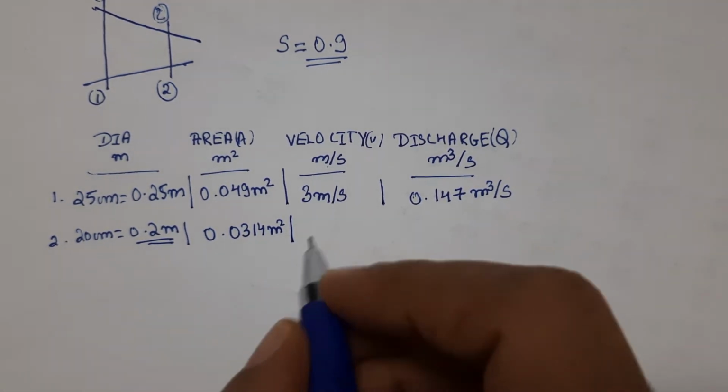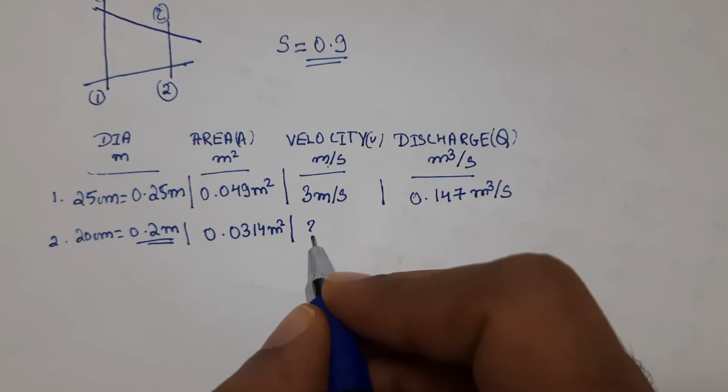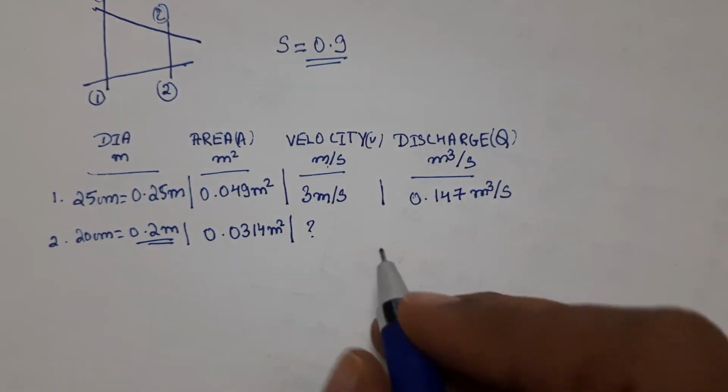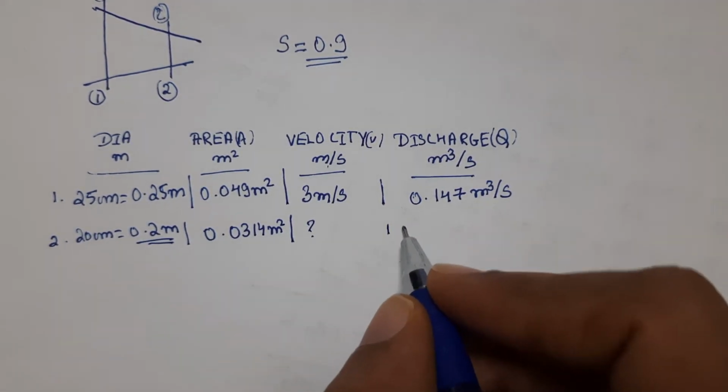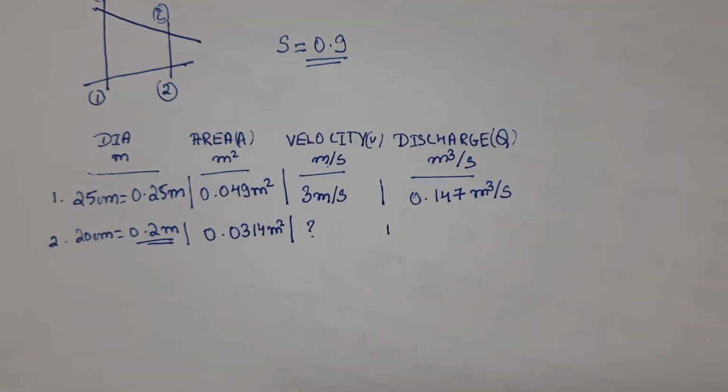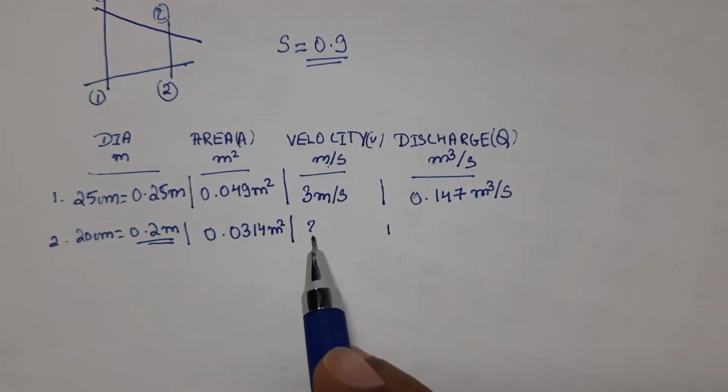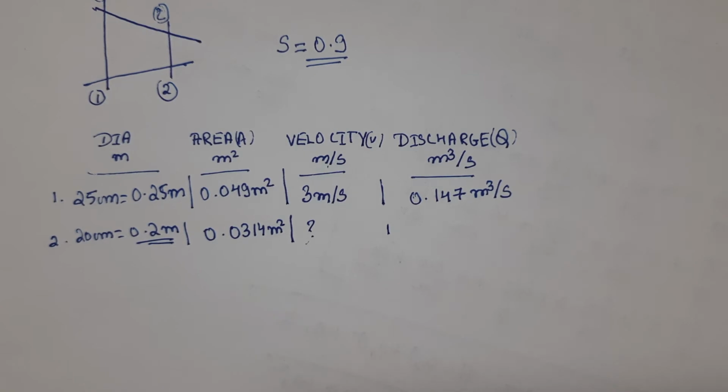We don't know the velocity V2 here, nor the discharge. The question asks you to find the velocity as well as the mass rate of flow of the oil.